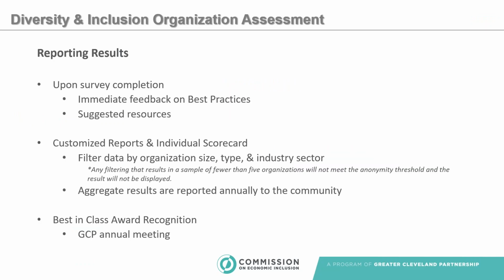As we saw, upon survey completion, we're able to see our organization's best practices scores, and we have links to suggested resources for the future. In addition to that, the next month after the survey closes, which will be April of next year, each organization who participates will receive a link to their customized aggregate report and their individual scorecard.